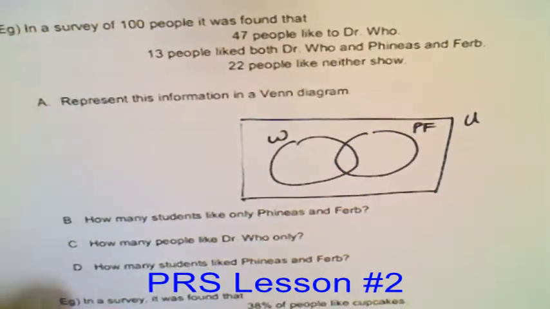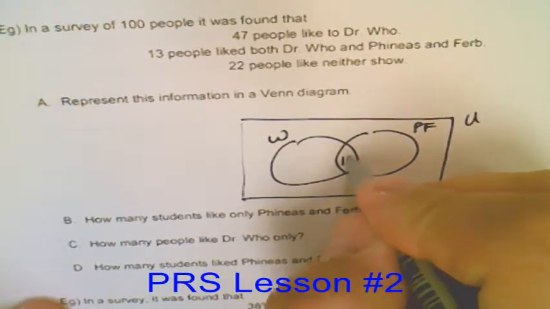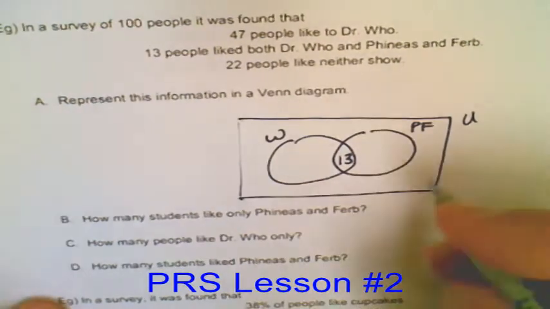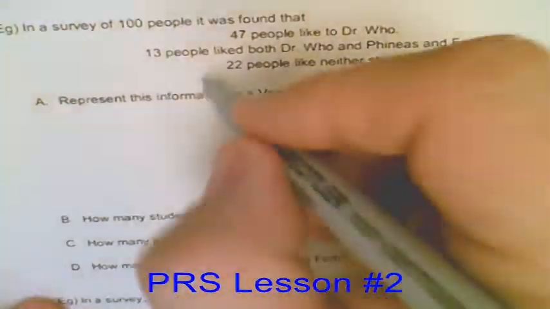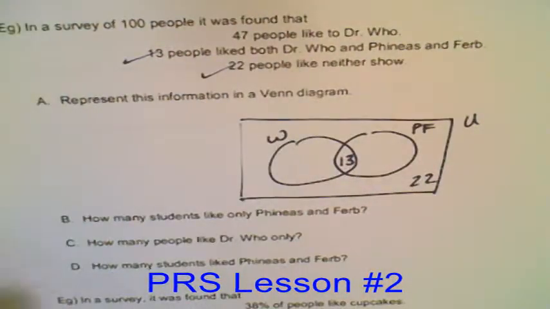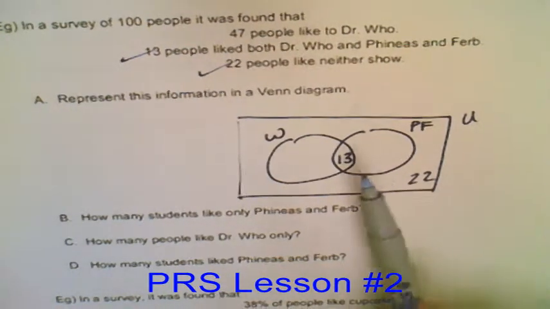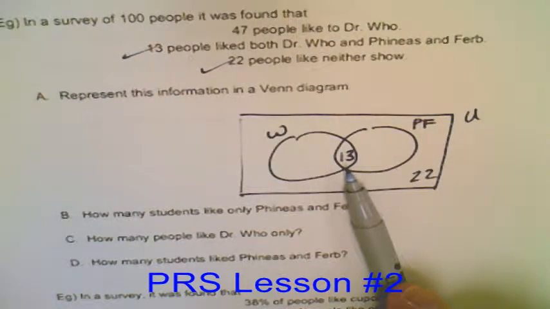Now, going along with this, and I know everybody's getting tired, heck, I'm yawning here. In a survey of 100 people, it was found 47 liked Doctor Who, 13 liked both Doctor Who and Phineas and Ferb, and 22 liked neither show. So this is making you have to take some statistics and build the equation. So you can go through.